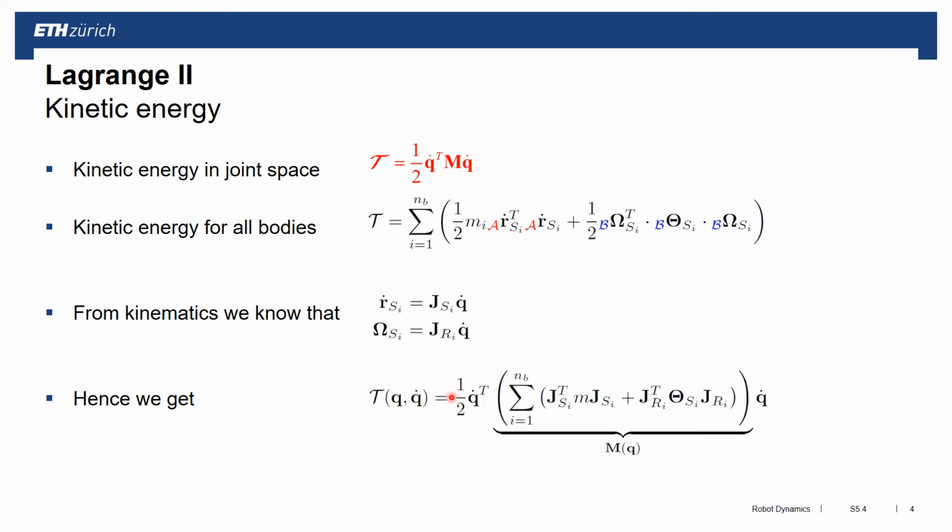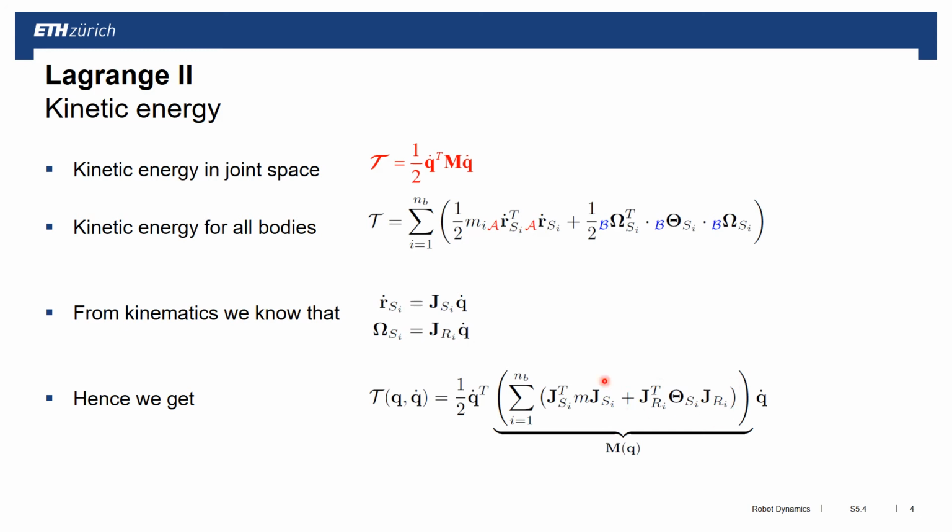With this together, what we get is kinetic energy is 1/2, and then we include for this r dot in this formula the relationship between Jacobian and q dot. So we have that part, and we have the same for the omega.